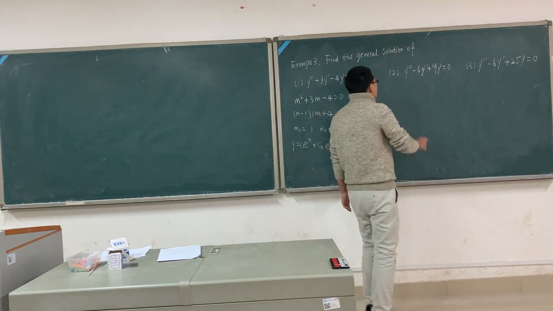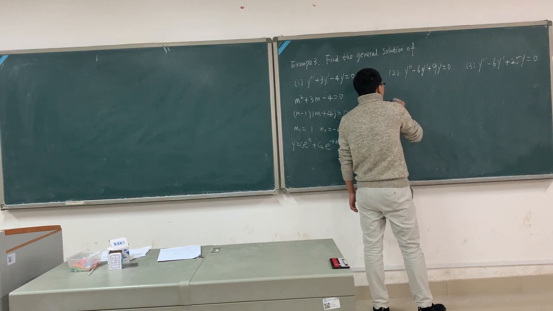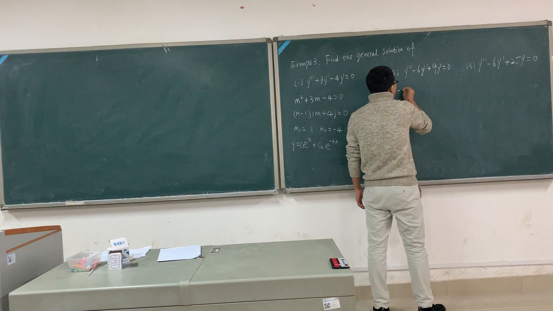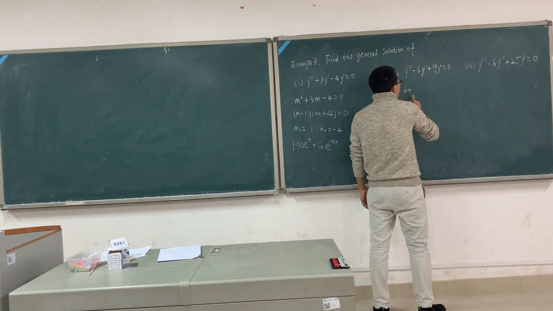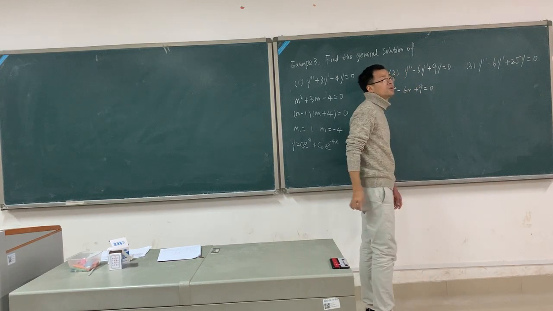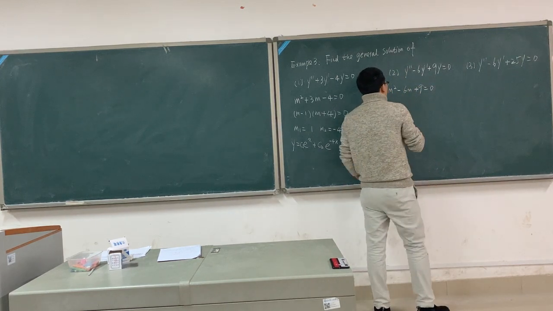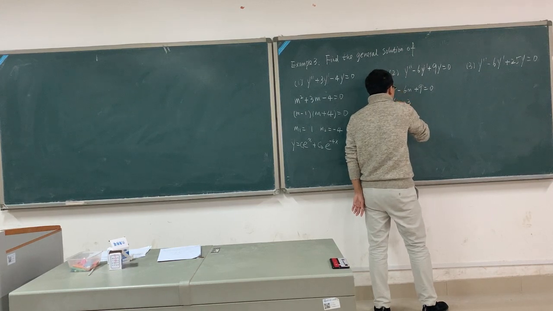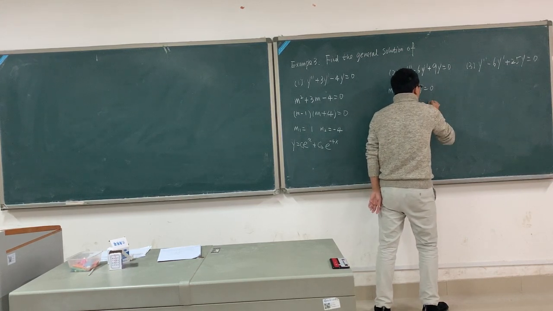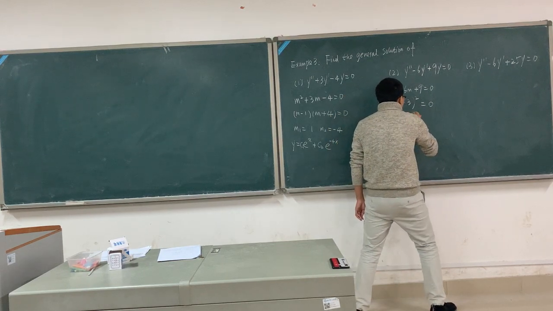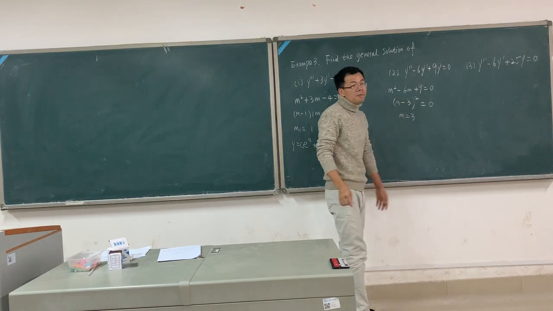The second one: first the auxiliary equation should be m squared minus 6m plus 9 equals 0, yeah? So here we can find it is m minus 3 squared equals 0, so m equals 3.